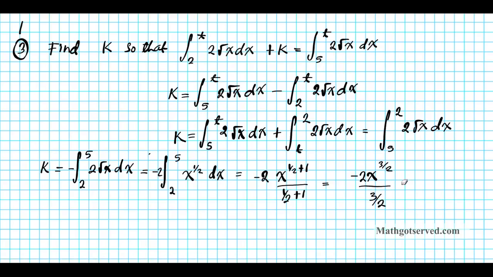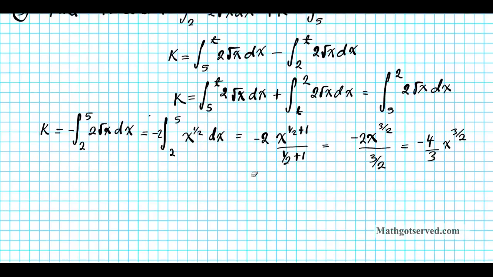And then if you simplify this, you have -4/3 x to the 3/2. That's if you reciprocate 3/2 and multiply by the top, you get that. Okay? So remember, we're evaluating this from 2 to 5 to get the value of k.